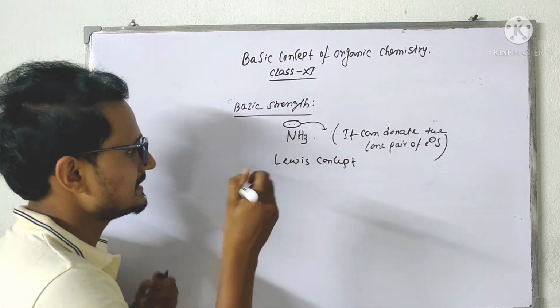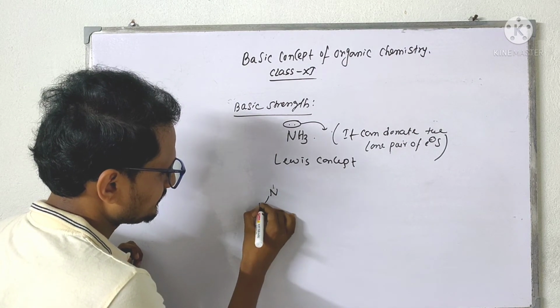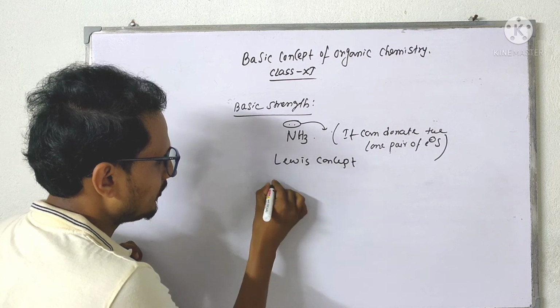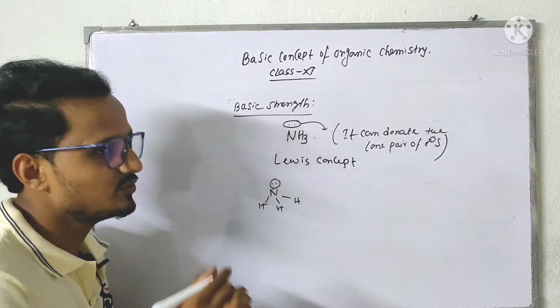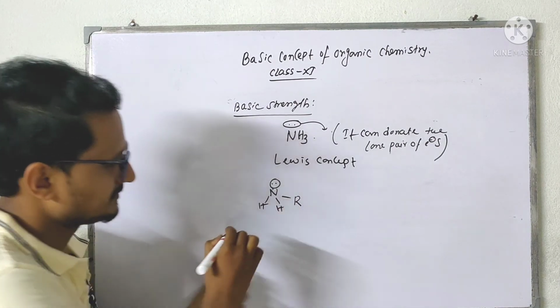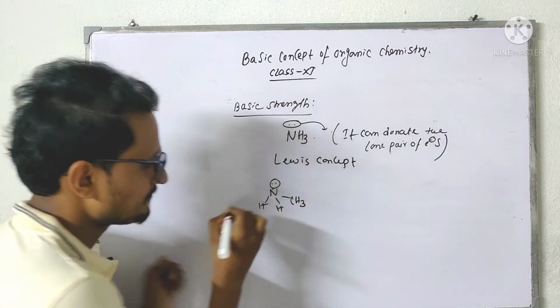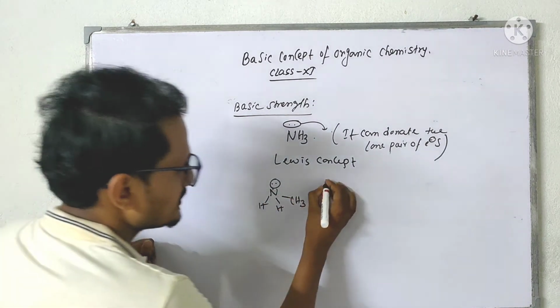Now if I replace each hydrogen of ammonia by one alkyl group, then we will get an amine. One alkyl group is here, so this is RNH2. Or if we replace by a CH3 group, it is CH3NH2.